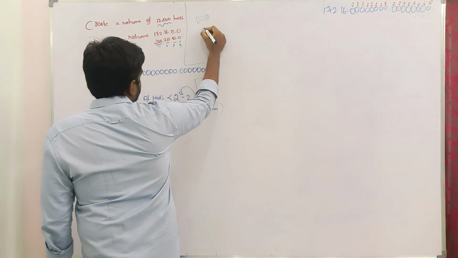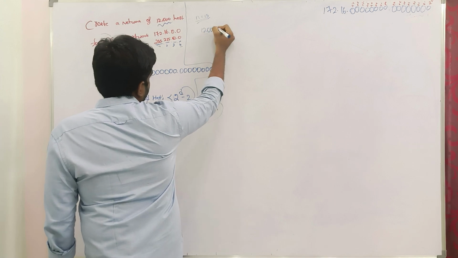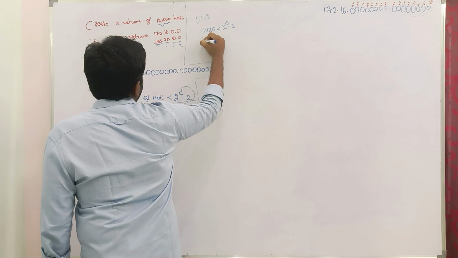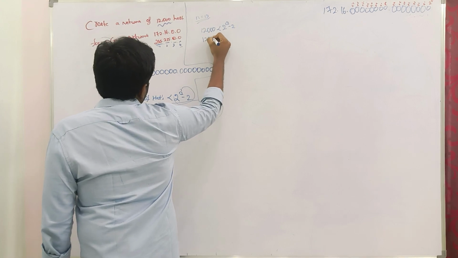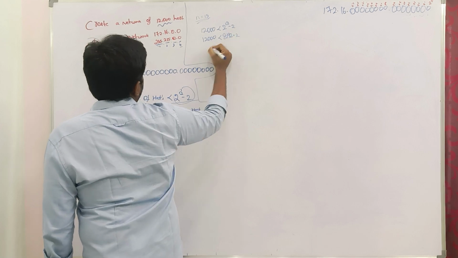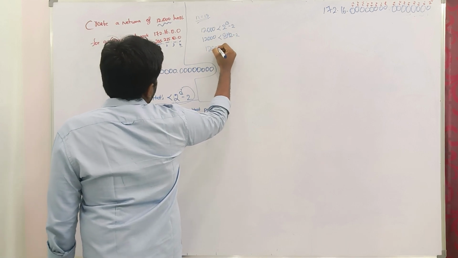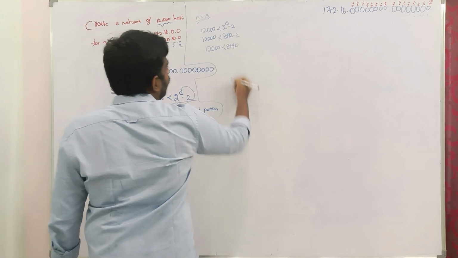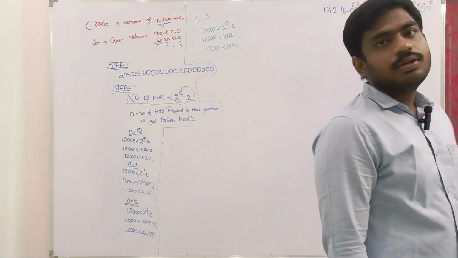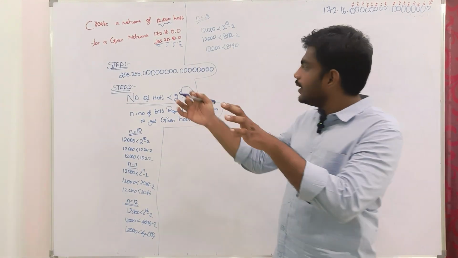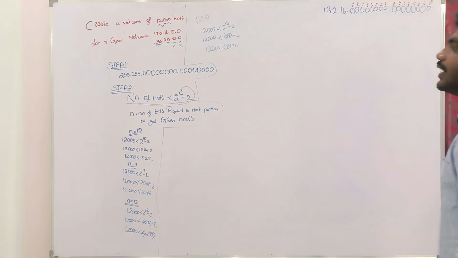Is 12,000 lesser than 2 power 13 minus 2, which is 8192 minus 2, which is 8190? Is that true? Still we do not satisfy our condition. What will we do now? Keep on increasing, please. Just increase the value.